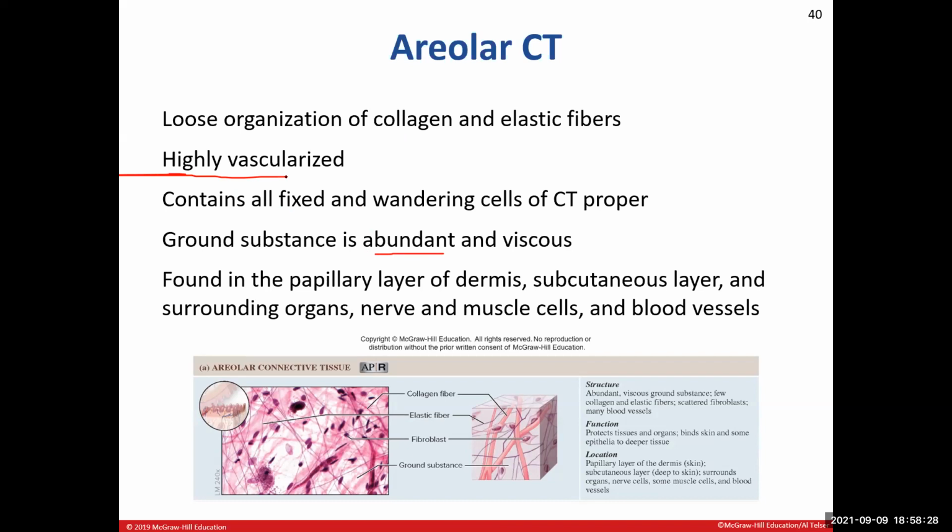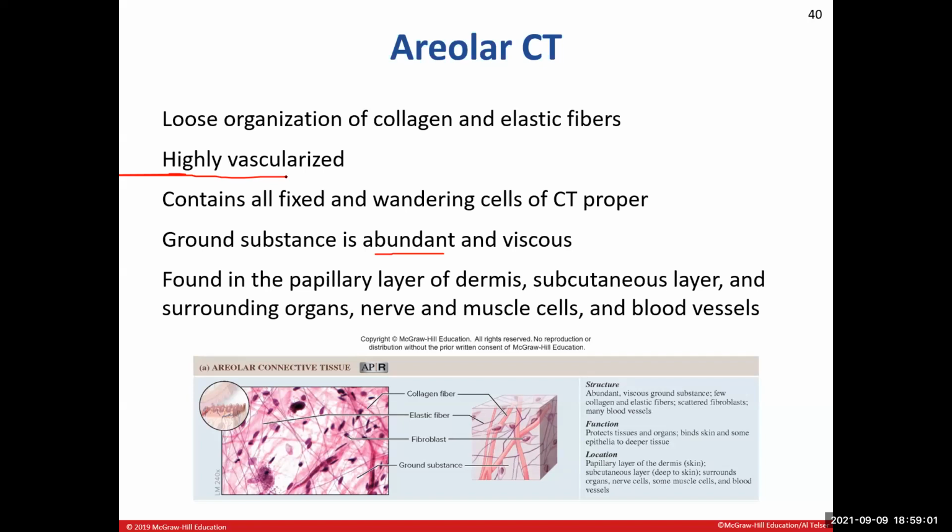Of course, we're going to find this in our dermis, actually in the papillary layer, which is that layer immediately deep to the epidermis, which is perfect because the epidermis is avascular because it's made up of epithelial tissue. So how does epithelial tissue get nutrition? Through diffusion. And so we pipe in our blood vessels as close to that tissue as we can through this loose connective tissue, the areolar connective tissue.